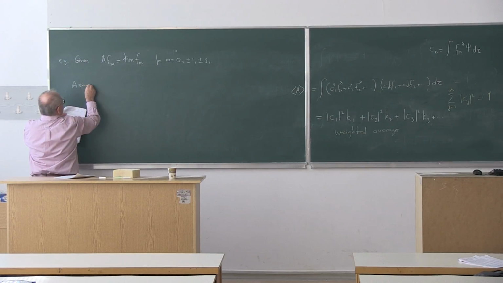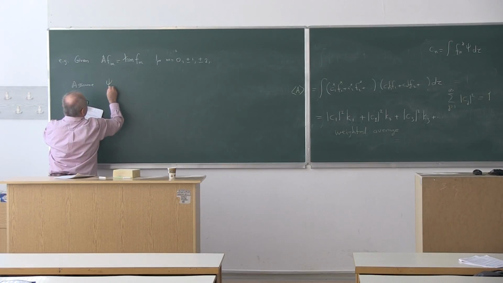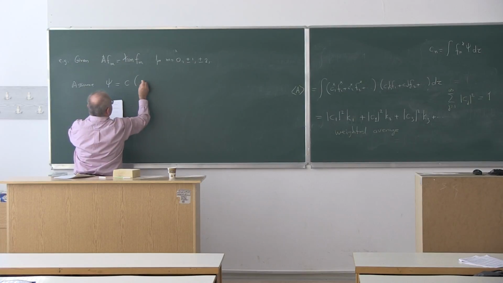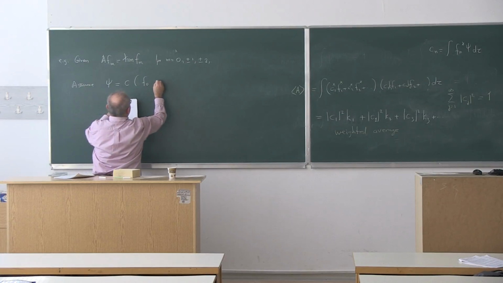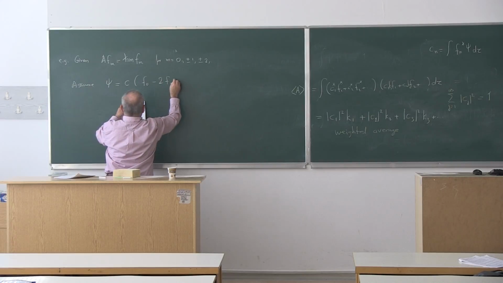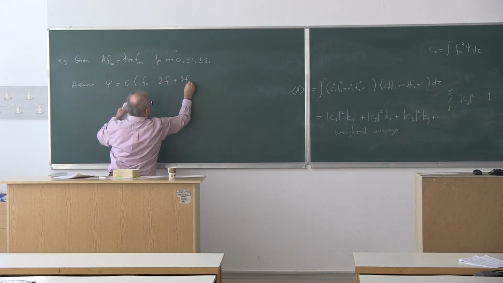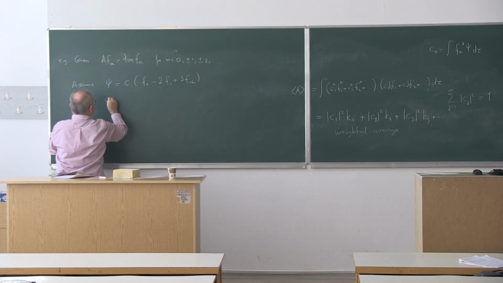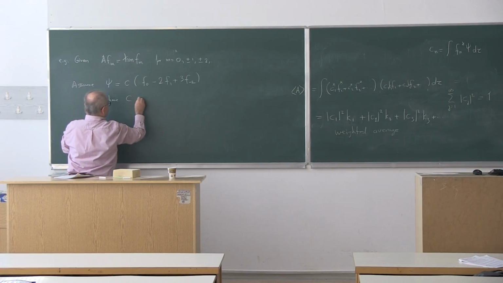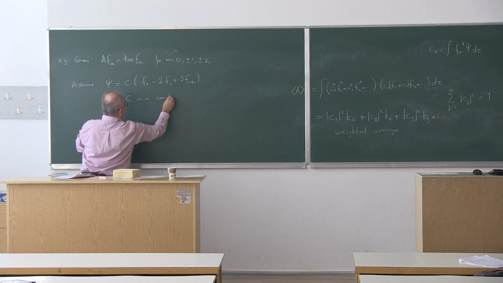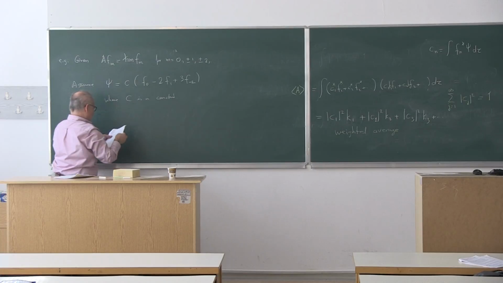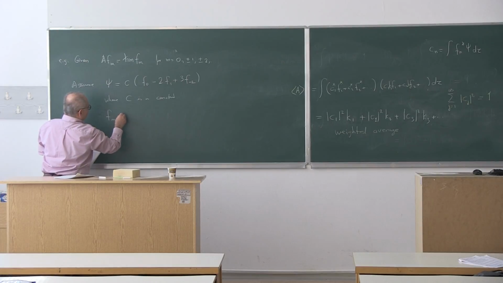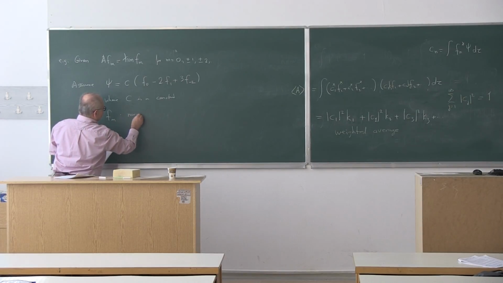Assume the particle is in a state with a psi function given by a coefficient times f0 minus 2 times f1 plus 3 times f minus 2, where c is a constant. The functions are assumed to be normalized.